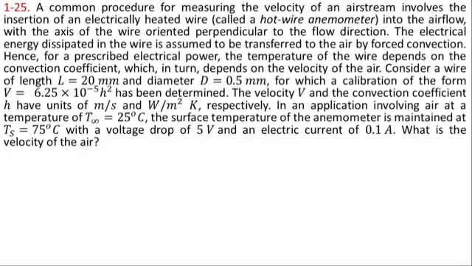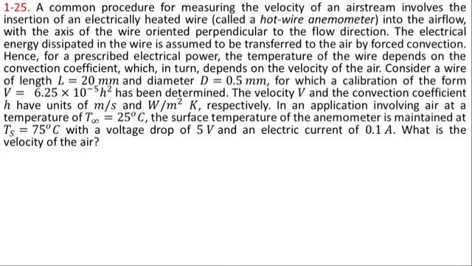In an application involving air at temperature of T∞ = 25 degrees centigrade, the surface temperature of anemometer is maintained at Ts = 75 degrees centigrade with a voltage drop of 5 volt and an electric current of 0.1 ampere. What is the velocity of the air?